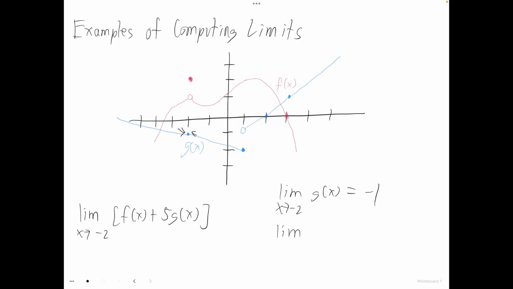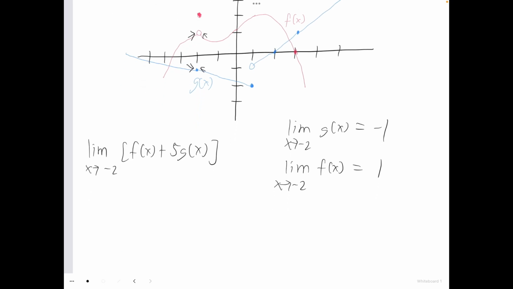And the limit as x approaches negative 2 of f of x is going to be equal to, here we're approaching this point of 1. Even though it's defined differently at negative 2, it's defined to be 2, we're approaching that open circle, which has a value of 1. And so here we have the value of both of those limits.